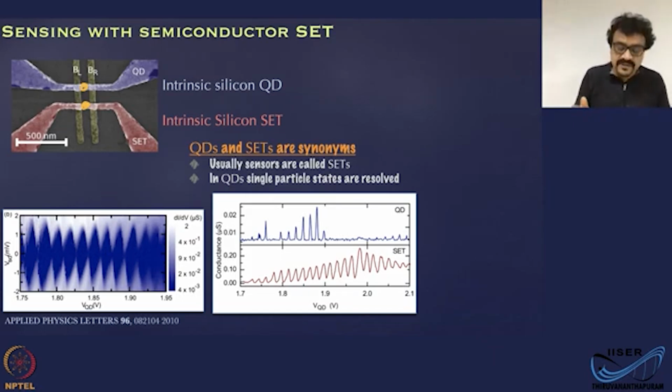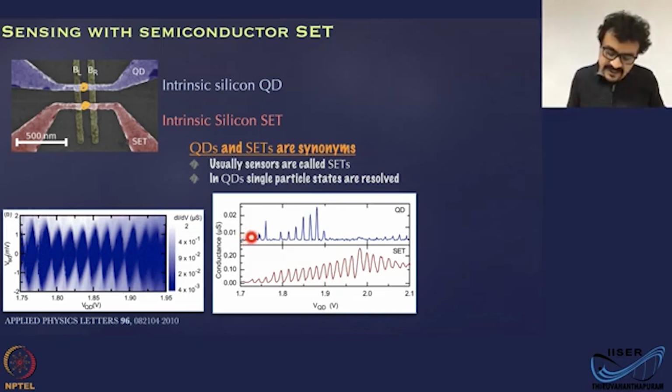Okay, so when you vary the gate, you can observe the charging effects in the quantum dot by measuring the SET conductance, and you can also create a Coulomb blockade diamond using the sensor.